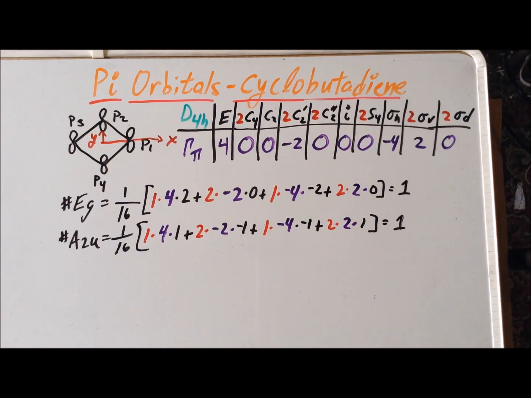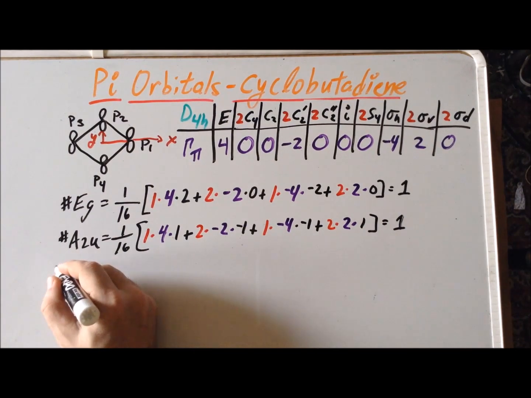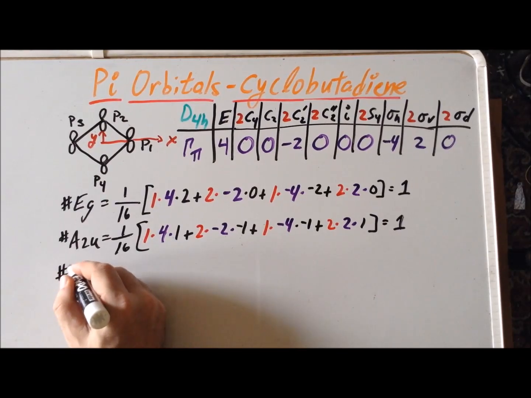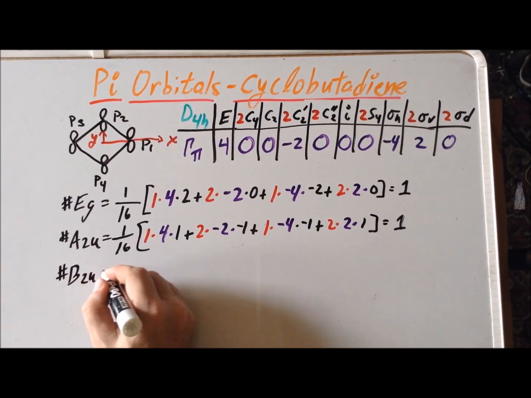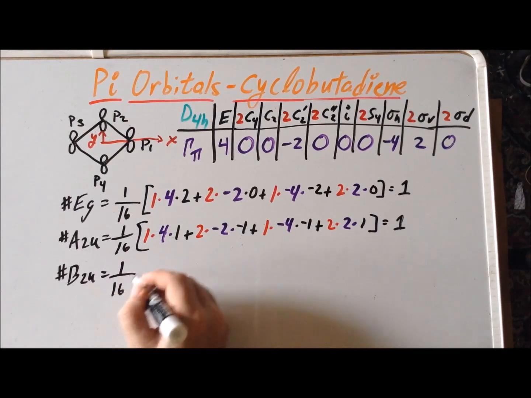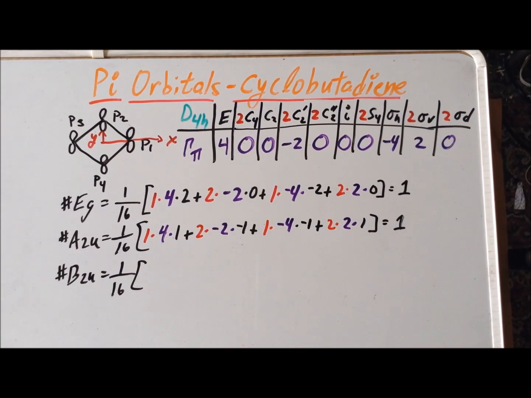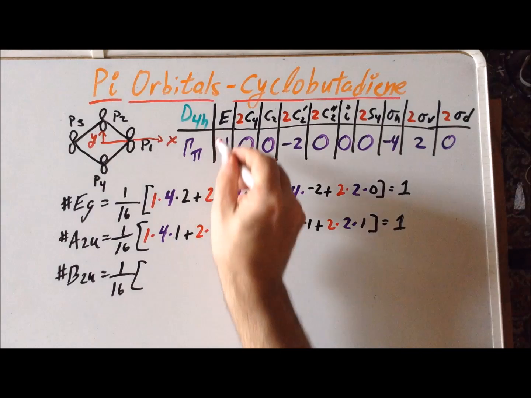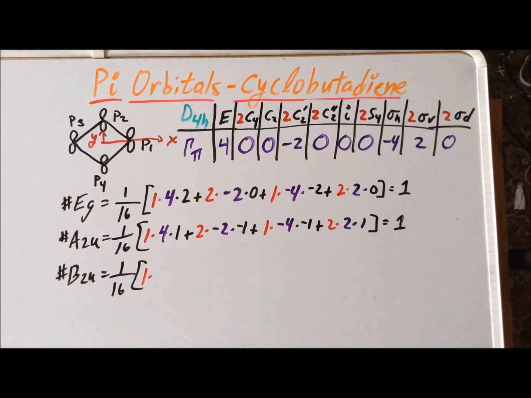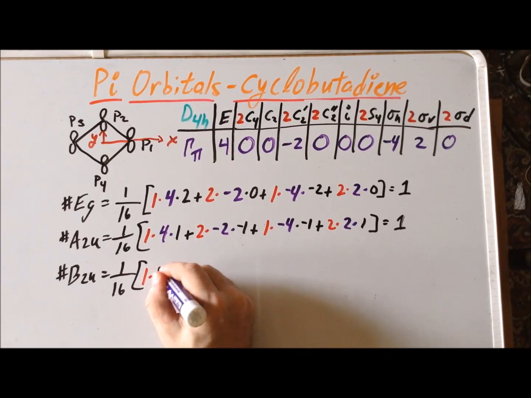The last irreducible representation that makes a non-zero contribution, you will see, is B2u. 1 divided by 16. 1 operation in the class E. The reducible representation is a 4.